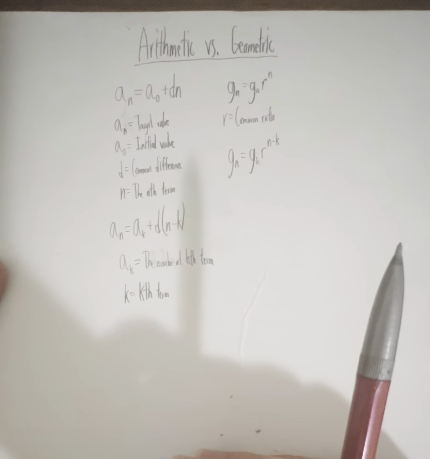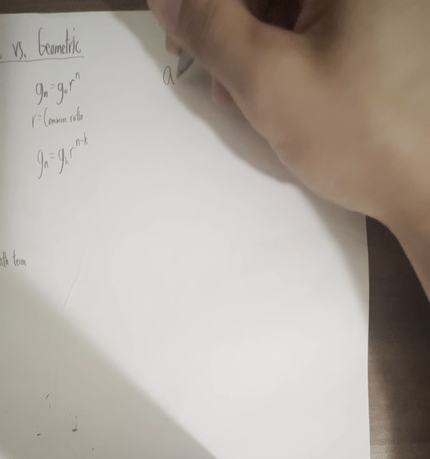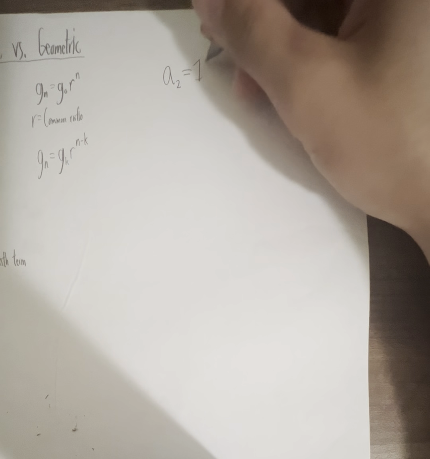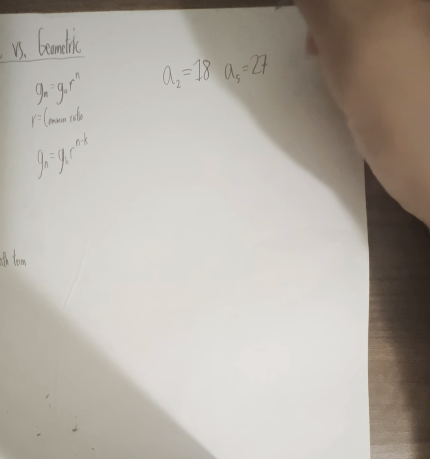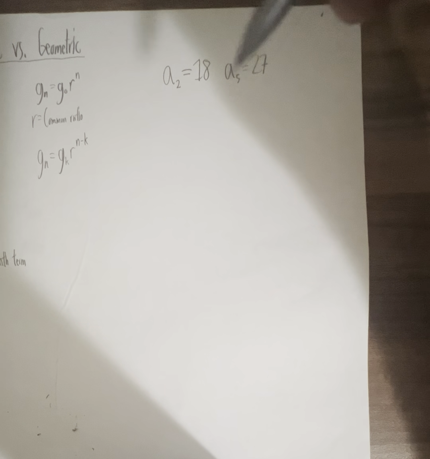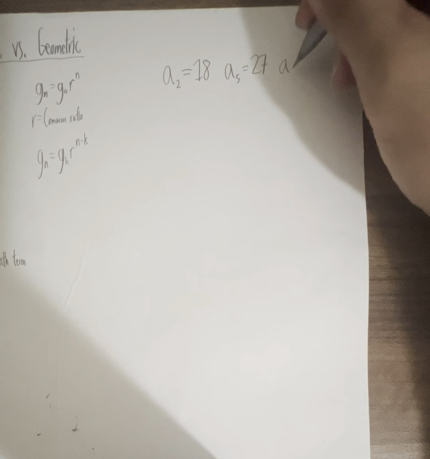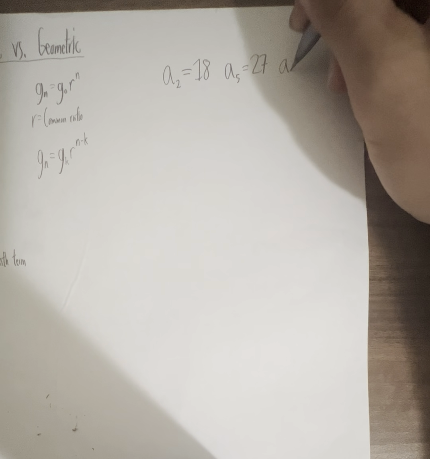So let's try a practice problem with arithmetic. Let's say we have a of 2 equals 18, and we know that a of 5 equals 27. But we want to find out what a of 12 equals.